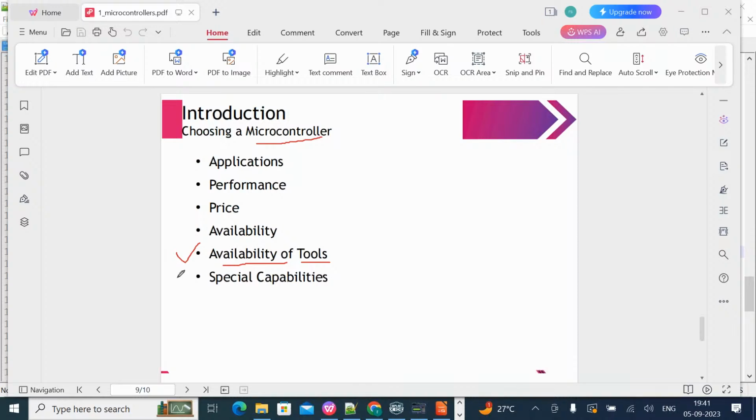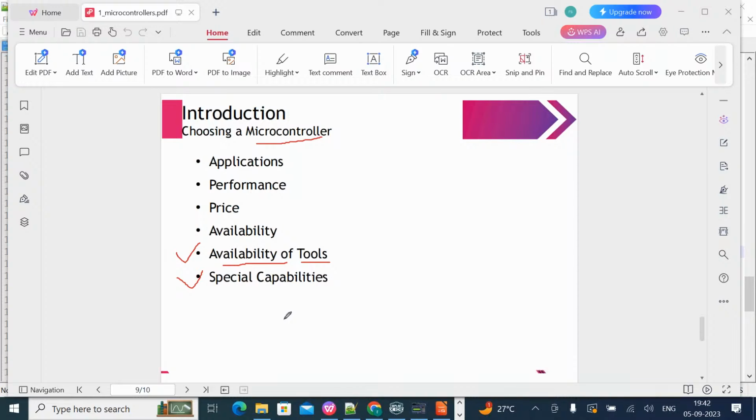And then special capabilities. A few manufacturers provide special capabilities in the microcontroller to attract customers. If you need those capabilities, select that microcontroller. Special capabilities means what? For example, as I said earlier, a few microcontrollers come with built-in ADCs. If you want an ADC in your application, select that microcontroller.